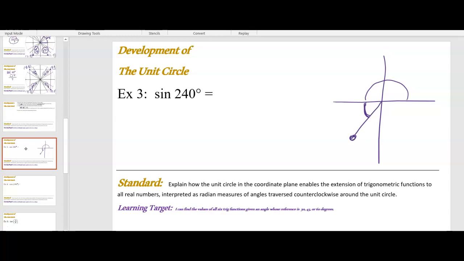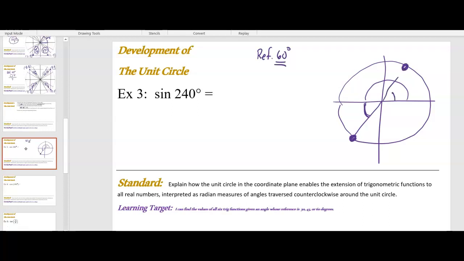So on the unit circle, 240 is in the third quadrant. So I want to know on the unit circle, what is this point for 240 degrees? So 240, remember, references 60 degrees. That's important. So now I'm going to go to 60 degrees.